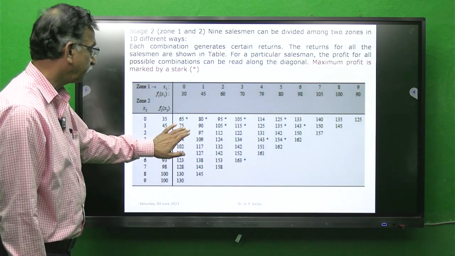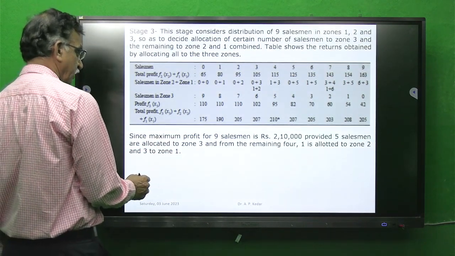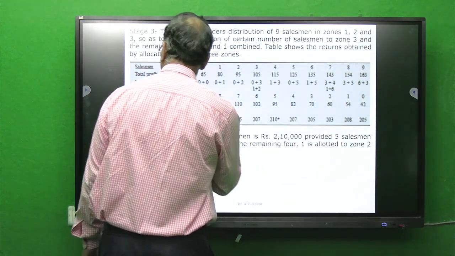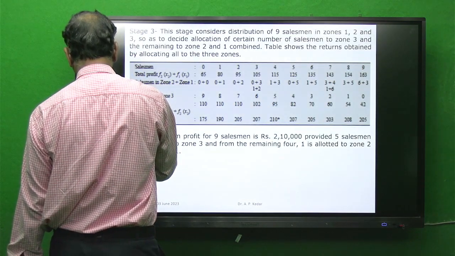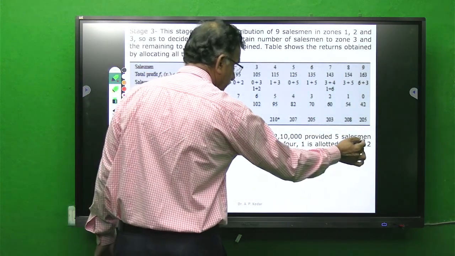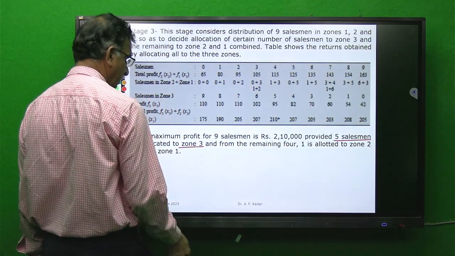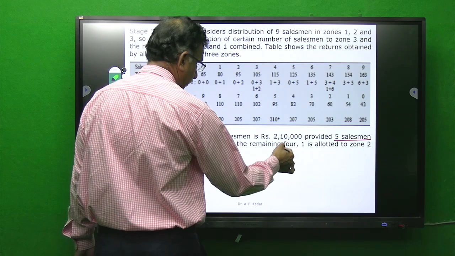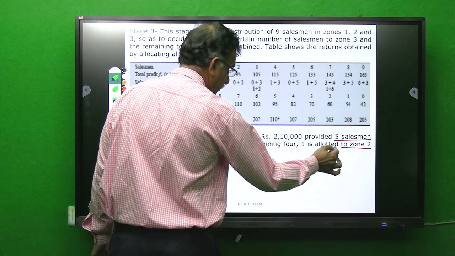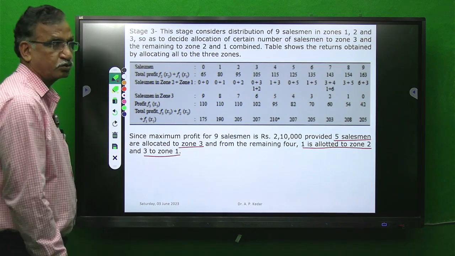Our answer will be 315. So you can see here 5 salesmen in zone 3. From the remaining 4, 1 is in zone 2 and 3 in zone 1.